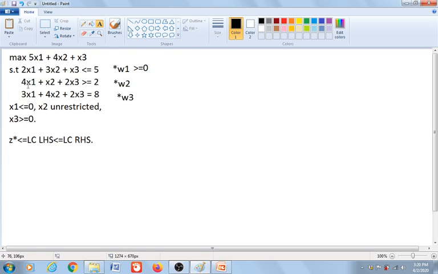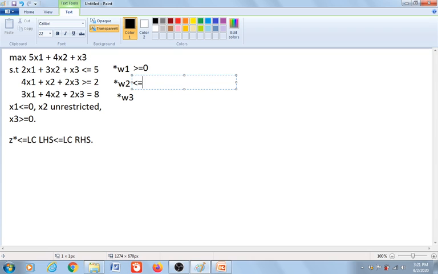Now the second constraint, the left hand side is bigger than the right hand side, but according to the weak duality theorem, the left hand side must be less than the right hand side. So in order to make this statement follow the weak duality theorem, we must change the sign. So in order to change the sign, w2 must be negative.